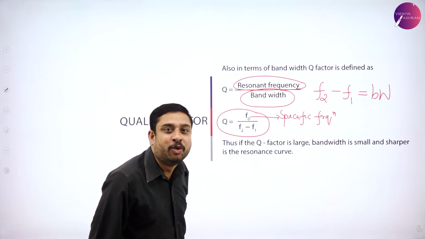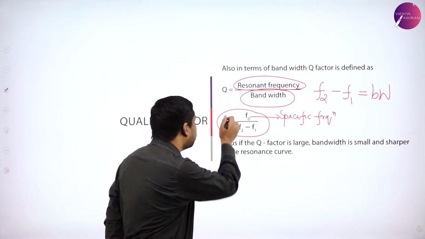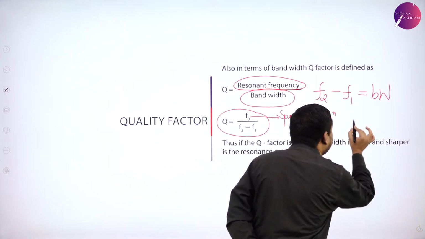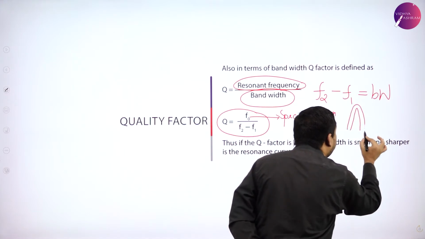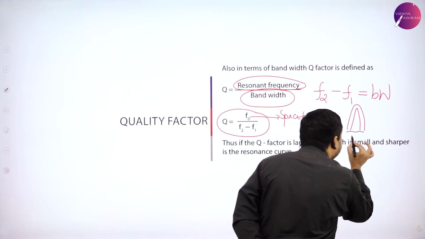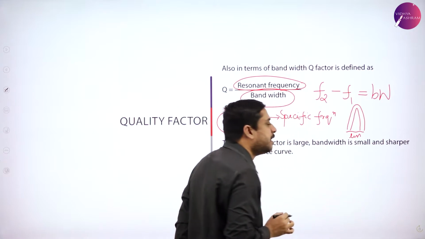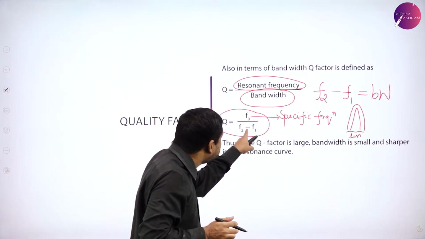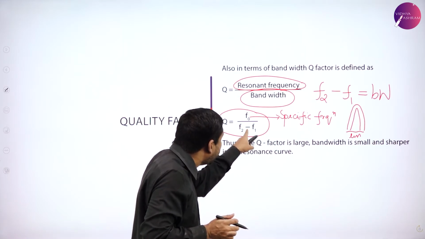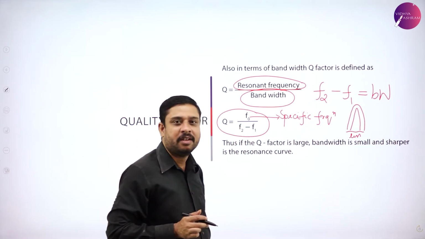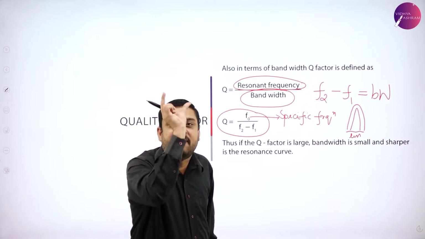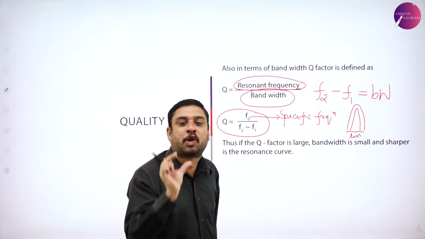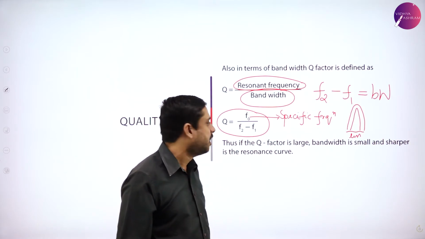So what do I do to increase the quality factor? I have to decrease the bandwidth. If this width is less, the curve becomes sharper. Q is inversely related to bandwidth. As the bandwidth increases, sharpness decreases and Q factor decreases.